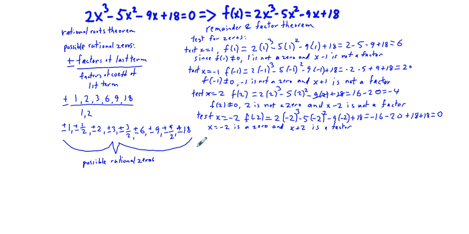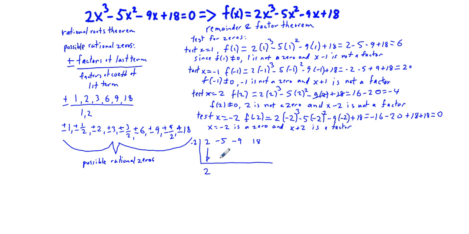So now I'm going to do a synthetic division, and x equals negative 2 is a 0. So here I put negative 2, and then we're going to synthetically divide this equation. So I put the coefficients of 2x cubed minus 5x squared minus 9x plus 18. And then we bring down this 2 here. So we're going to get 2x squared.